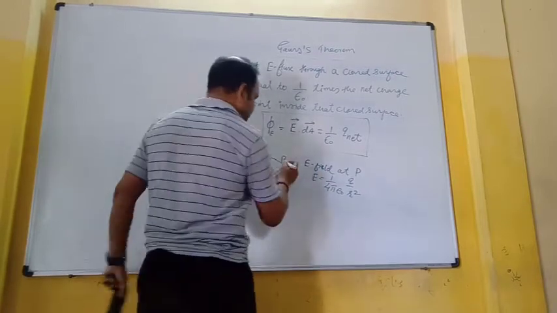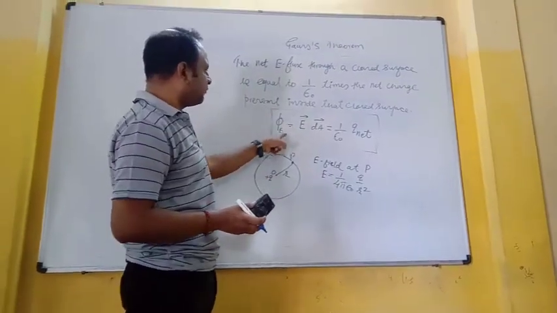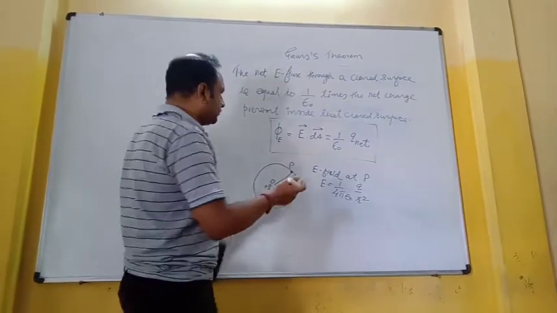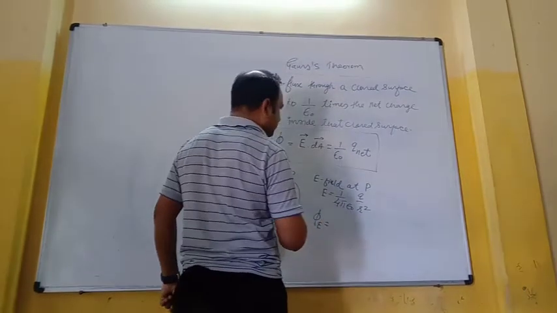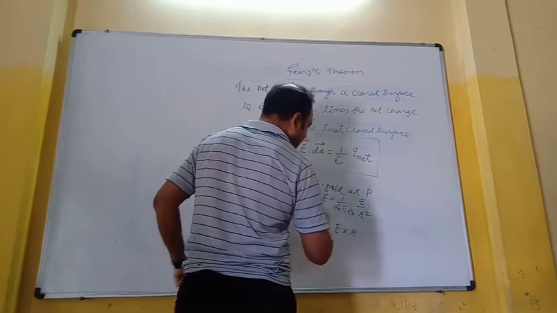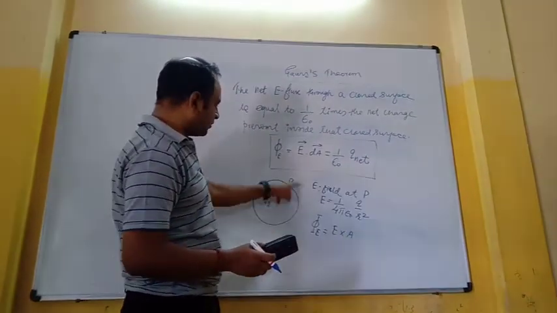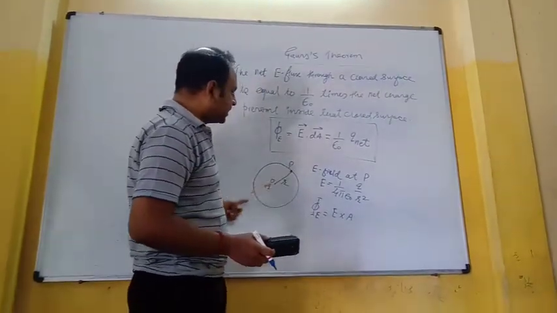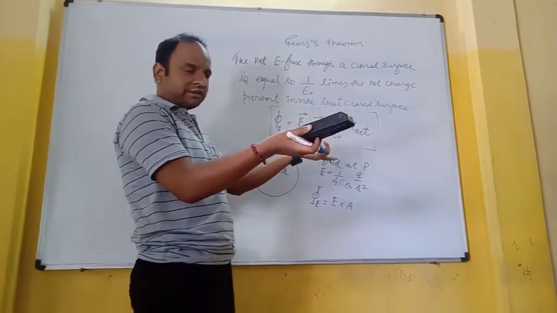And therefore if I consider again my net flux through this whole sphere, that would be very easy for me. This phi E would be equal to E multiplied by A, where phi is the flux coming out from this whole sphere, because at every point the electric field and the area vector will be in the same direction, right?